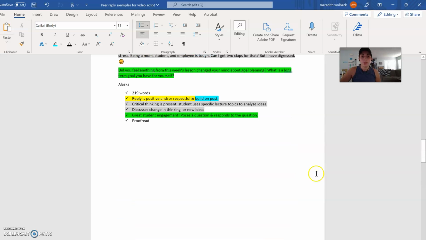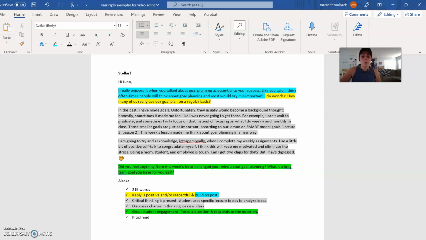Now let's scroll up to the stellar post. This post does much of what the previous good and great posts do, but this person also discusses a change in their thinking. So not only do they respond to the classmate's post, they also build upon it, they include critical thinking, they ask a question, but they also discuss how their ideas have changed as a result of what they've learned.